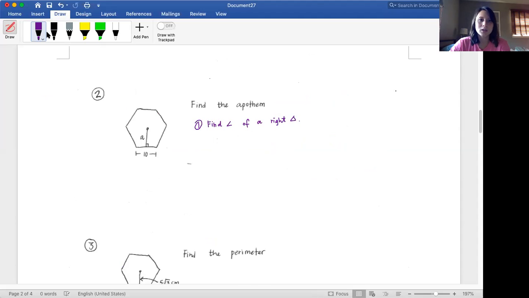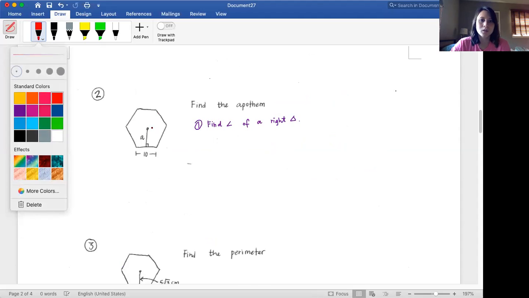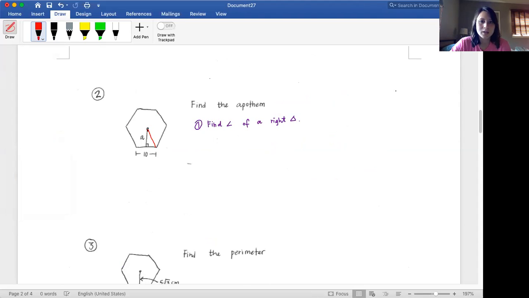I'm going to create a right triangle using this right here, and I need to find this angle. Really it's just 360 divided by the double amount of sides.